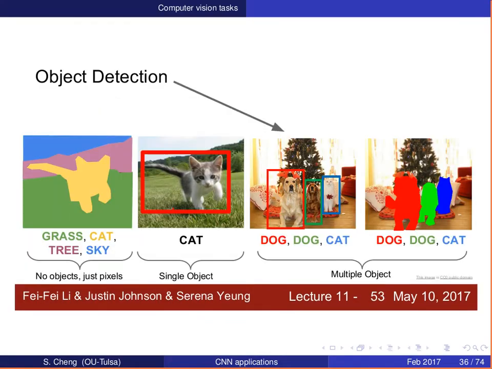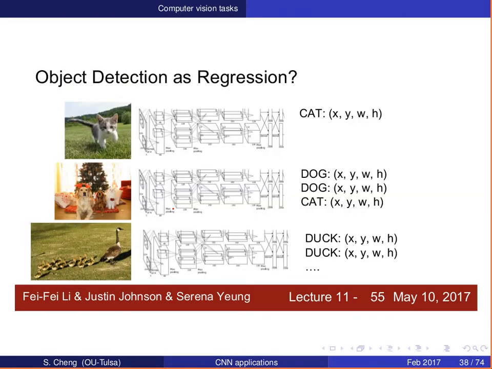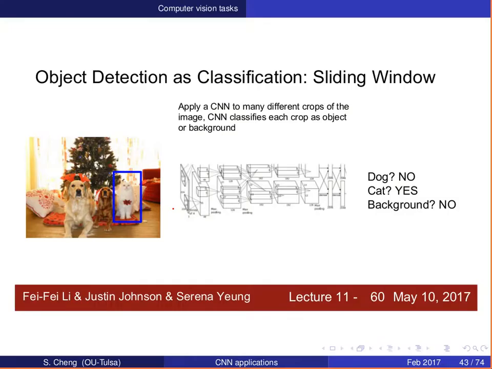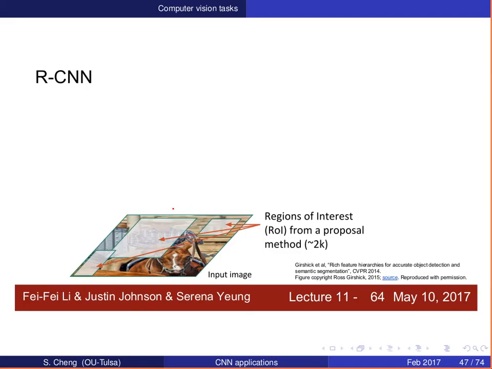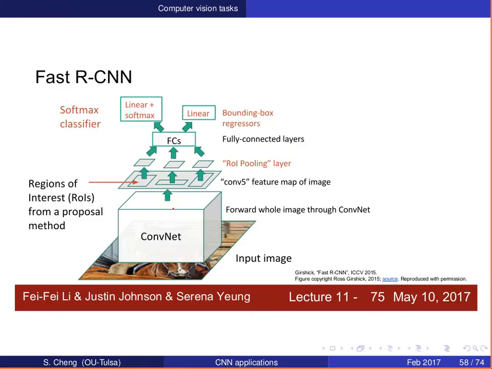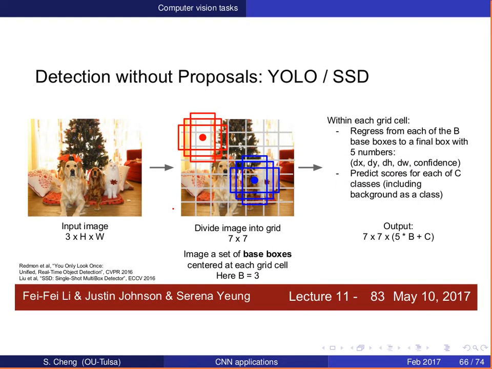So as you remember, we mentioned that if we go from the classification to the detection problem, the biggest issue there is that we don't know how many objects are there inside the image.